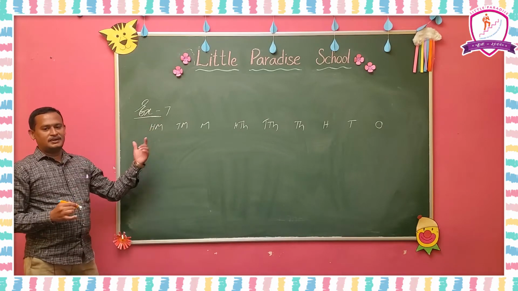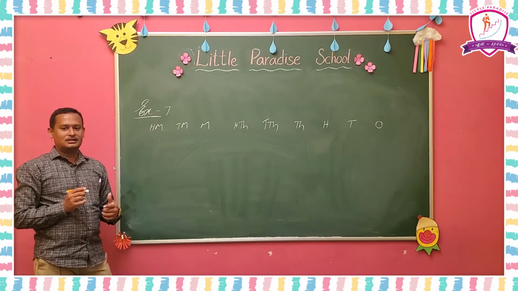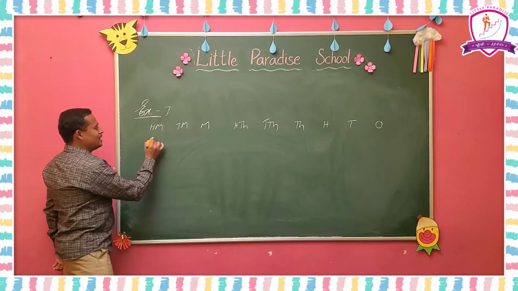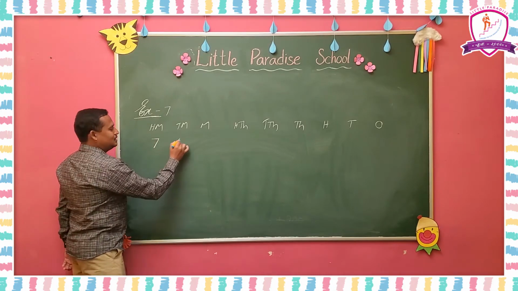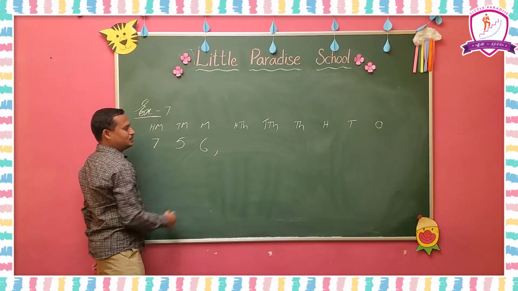First you have to write the places, and according to the places, start reading the question again. 756 million, so 700 million, 56 million. After 756 million you have to put a comma.